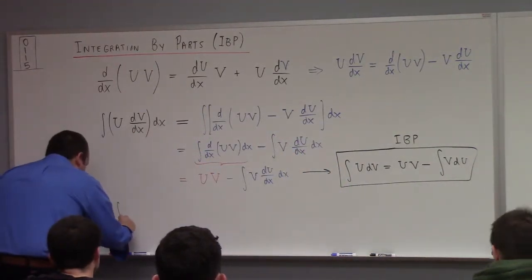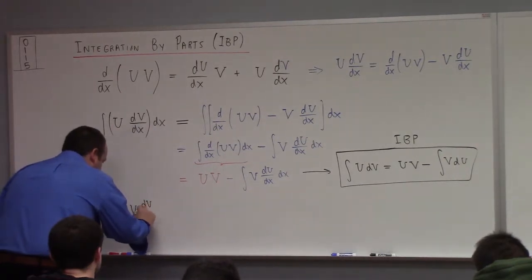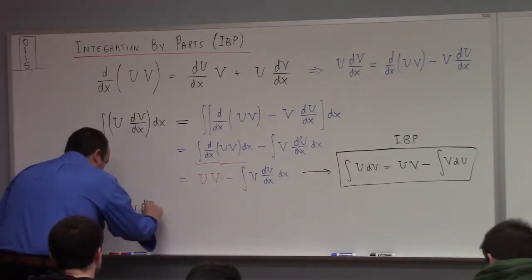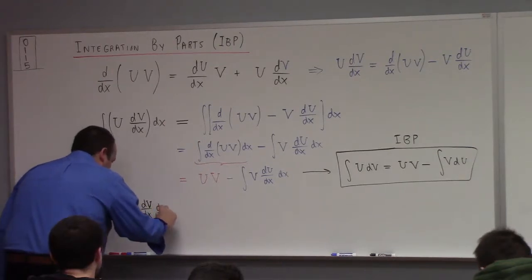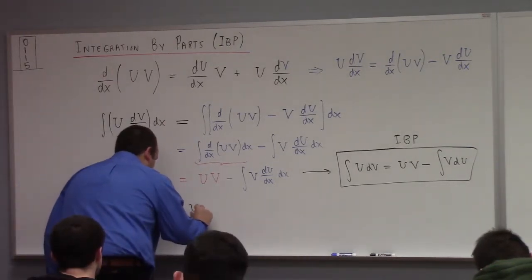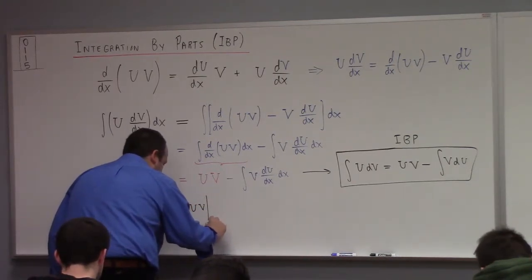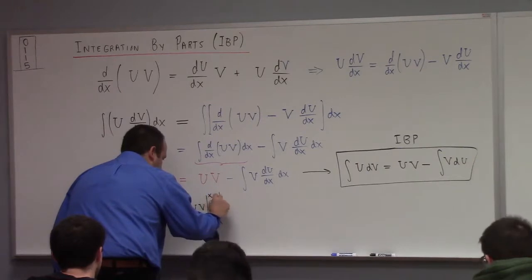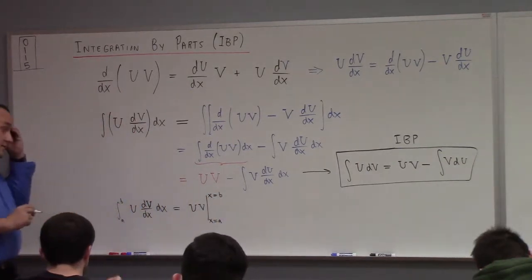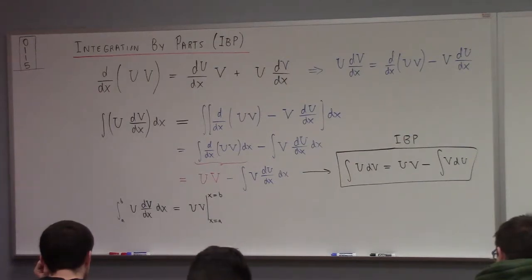The integral from a to b of u dv dx is going to be uv evaluated from x equals a to x equals b. So we take the difference of the u and v functions evaluated at b and the u and v functions evaluated at a.